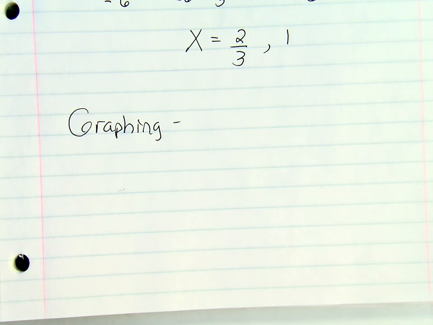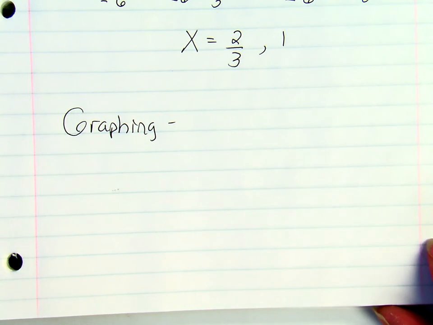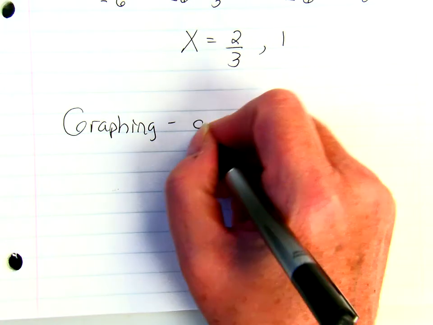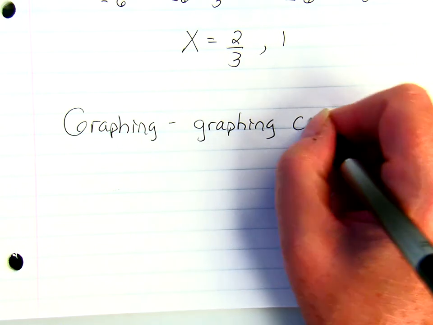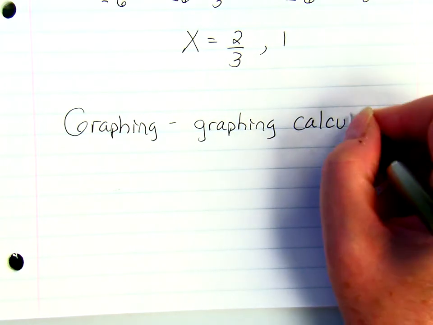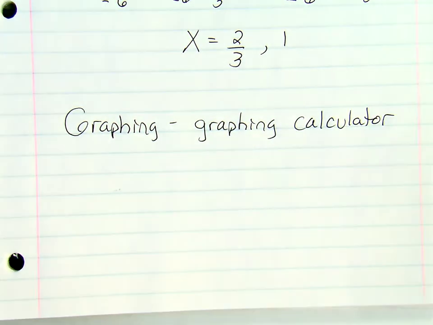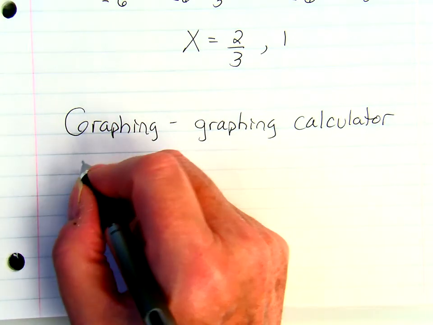I think you would all agree, if you've been graphing some of these without any of the other information, early on it took us way longer than it takes now to graph them. If you have a graphing calculator, though, and if you are allowed to use it, go ahead and graph. It makes a lot of sense if you've got a graphing calculator.